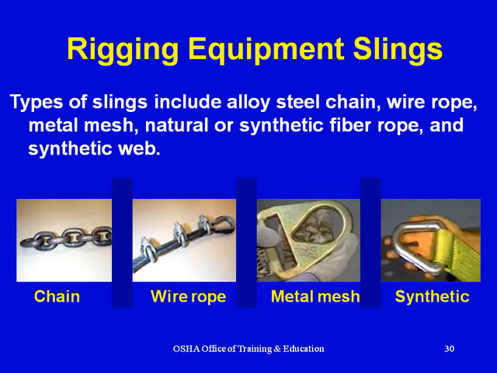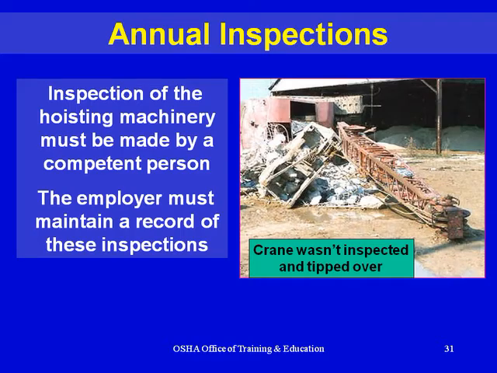Examples of chain, wire rope, metal mesh, and synthetics are posted. Annual inspections. Inspection of the hoisting machinery must be made by a competent person. The employer must maintain a record of these inspections. This is an example of a crane that wasn't inspected and tipped over.